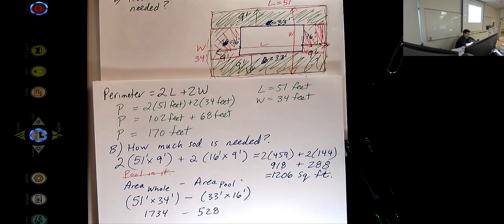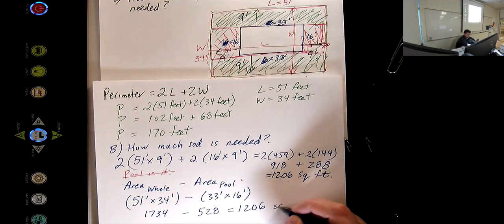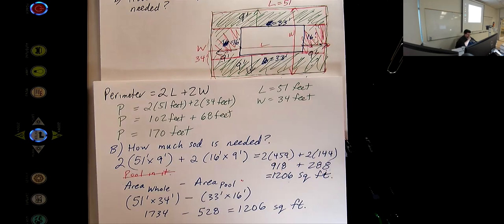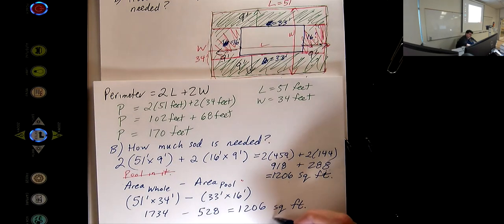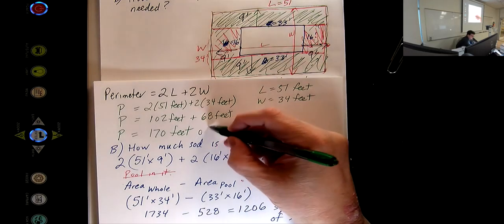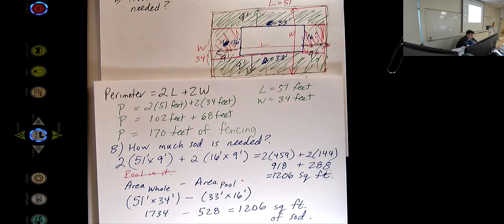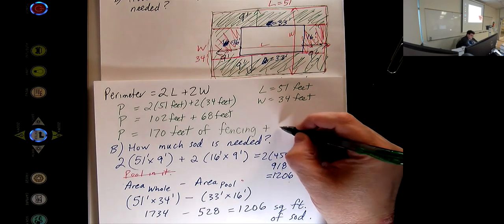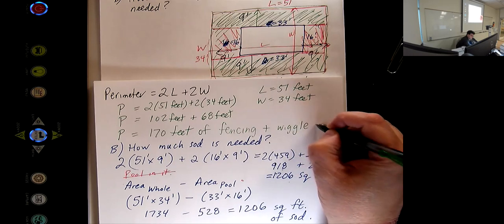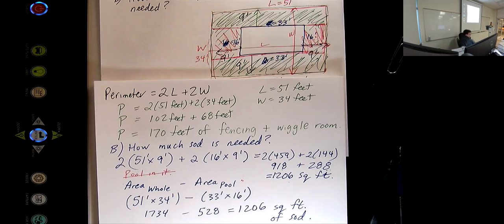Minus 528 is again 1206 square feet of sod. And I should have said 170 feet of fencing. Maybe plus some wiggle room. Make sense?